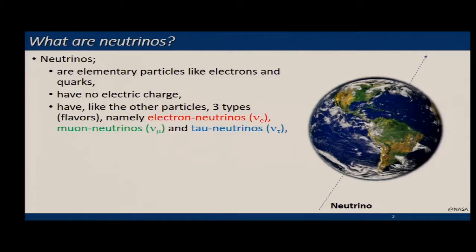And before going to talk about our research, I want to tell you what neutrinos are. Neutrinos are elementary particles like electrons and quarks. They have no electric charge. They have, like the other particles, three types, namely electron neutrinos, muon neutrinos, and tau neutrinos.